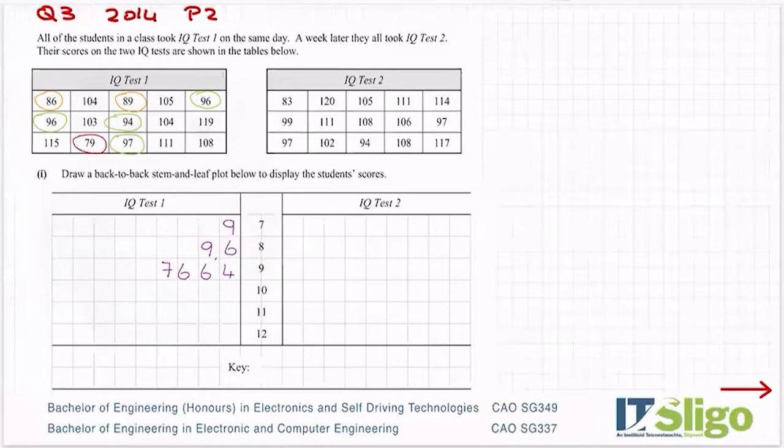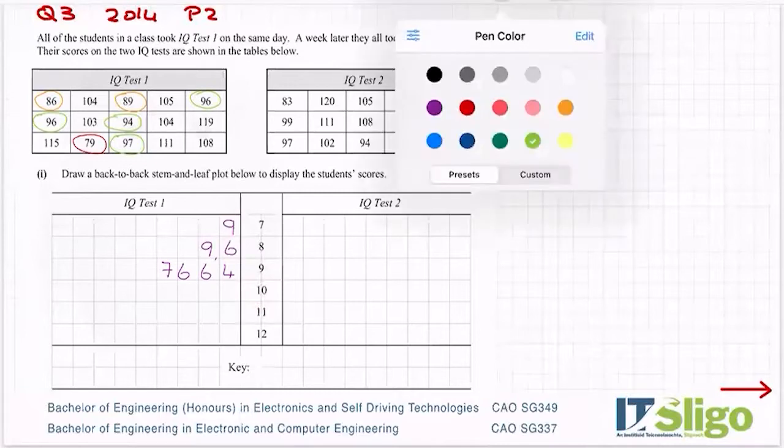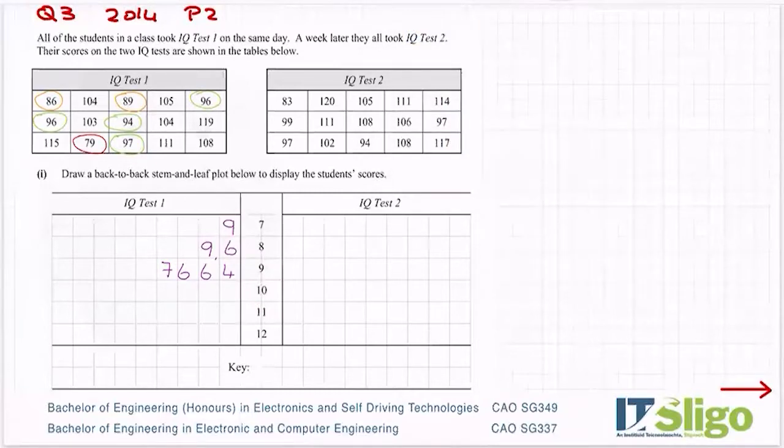Okay, the 100s are next. 104, 105, 103, 104. Not this one, because that would fit into the 110s group. That's a 110s group, that one.